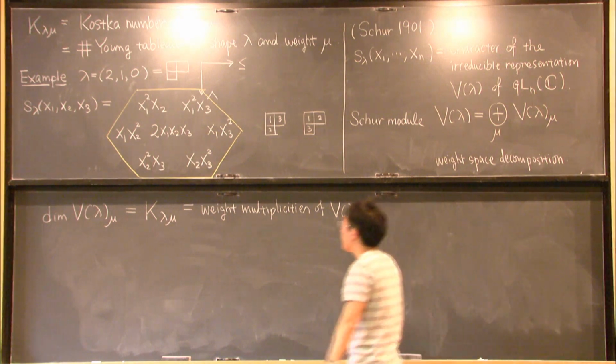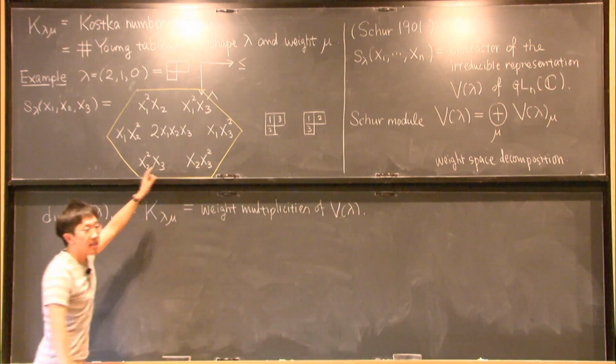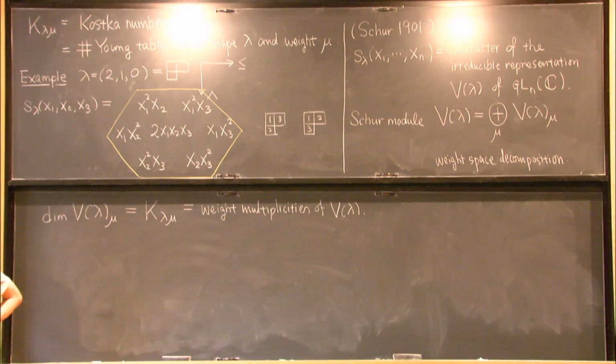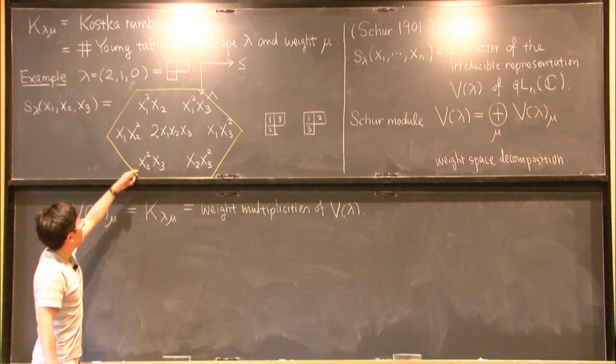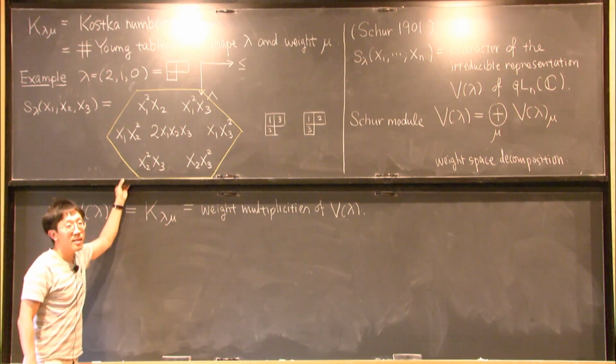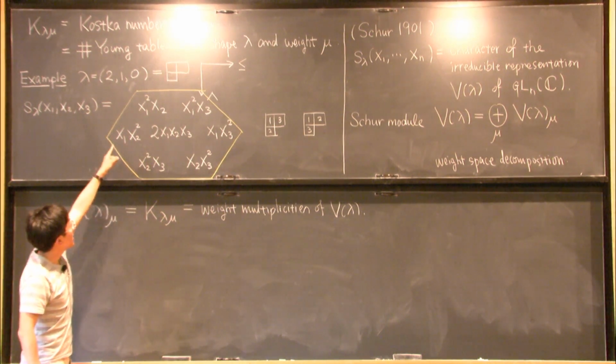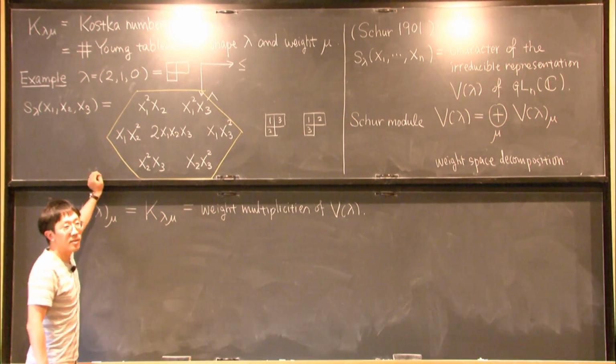So now whenever we see a picture like this, we have in mind some sort of irreducible representation of the general linear group. For each monomial, I have a weight space. And the coefficients that we now see, 1s and 2s, are dimensions of the weight spaces.